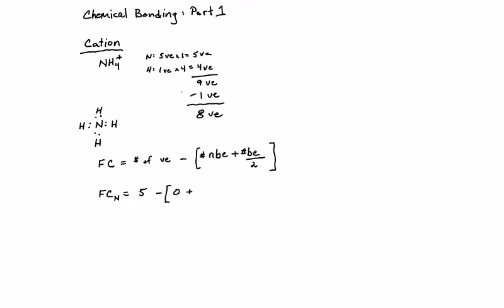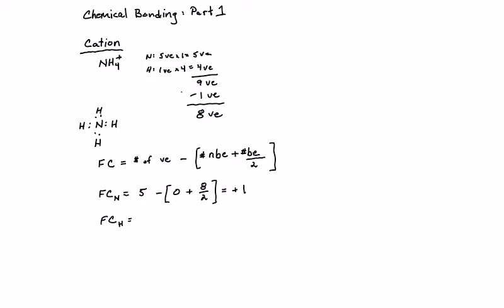Plus, the number of bonding electrons, we have a total of 8, right? 2 for each bond to hydrogen. So 8 divided by 2, and we get plus 1, which tells us that the nitrogen is what's carrying the positive charge from an electronic bookkeeping standpoint.